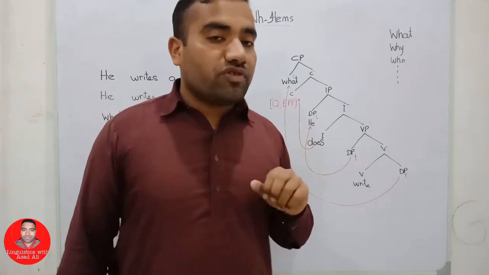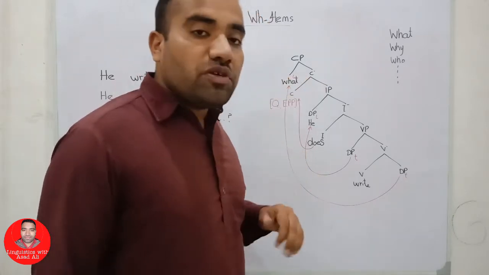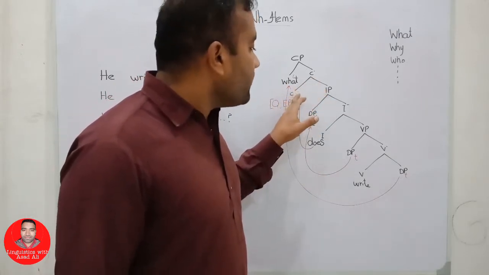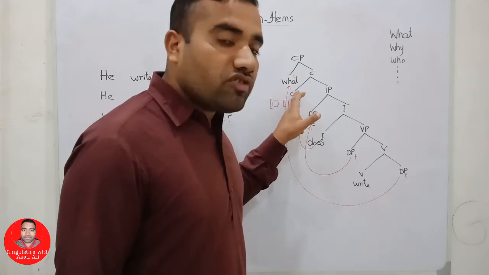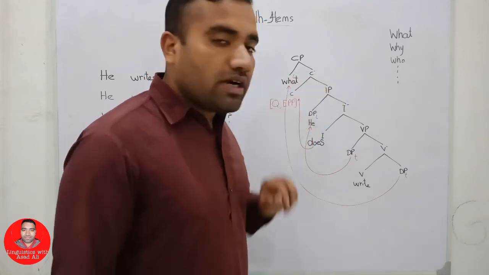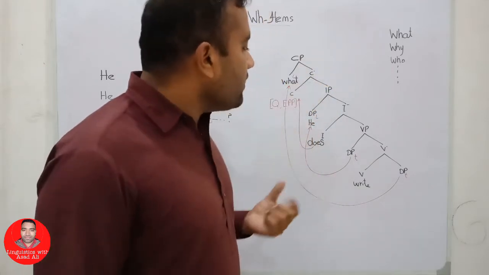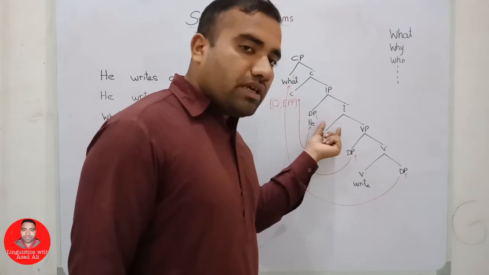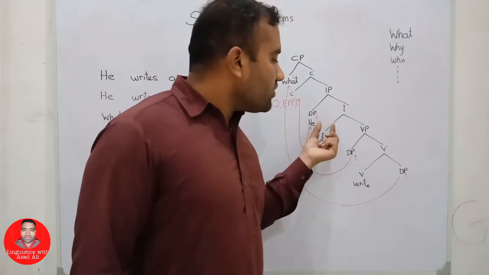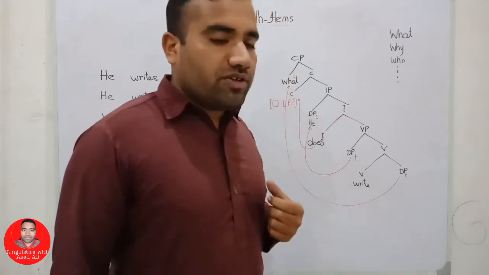This is the force, and this force is dealt with in the CP layer, and over the IP we have the head C, and it takes the whole IP as a complement, and then it projects the C bar and then CP. And here this IP has properties. This IP bears the EPP feature, and this IP has the case feature.